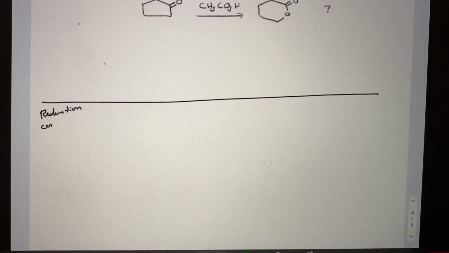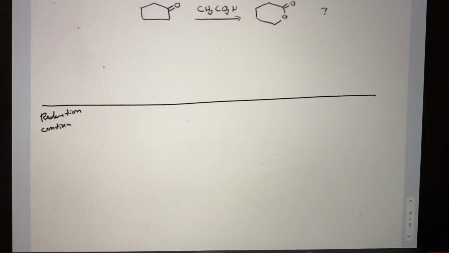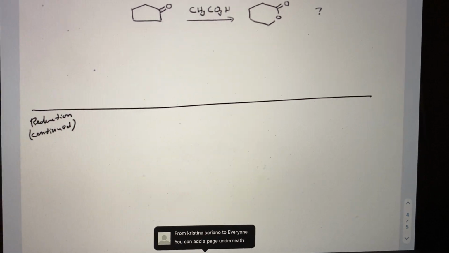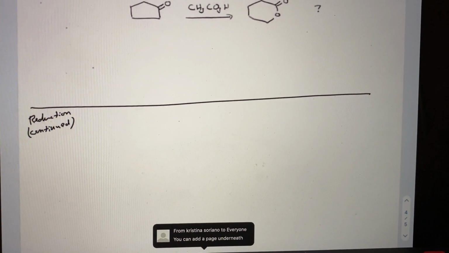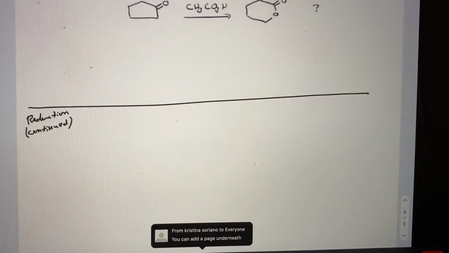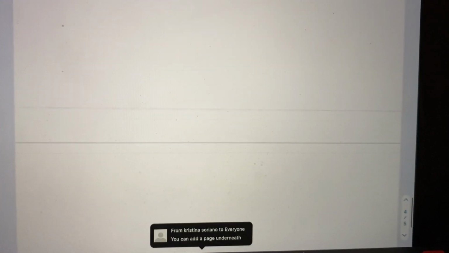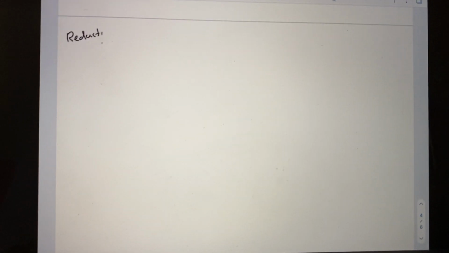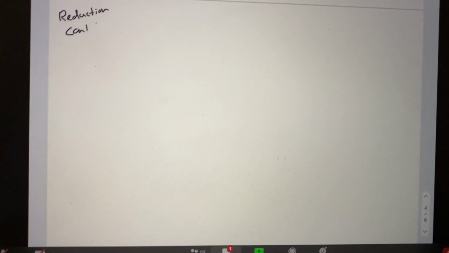So this is reduction, continued. Oh, can I add a page? Good idea, Christina. Oh, there's one there somehow. Excellent. We'll do it here. So this is reduction.